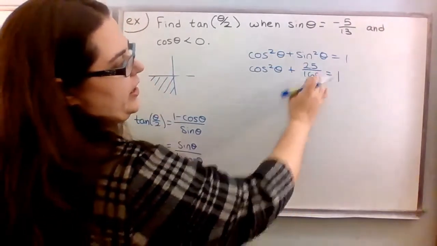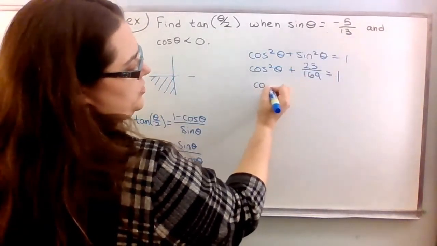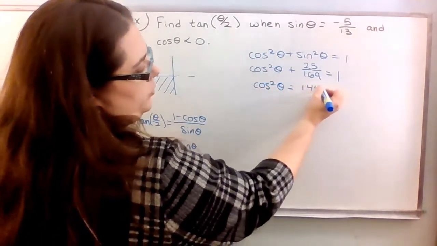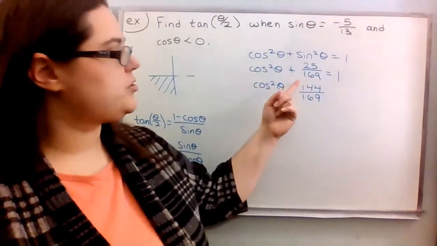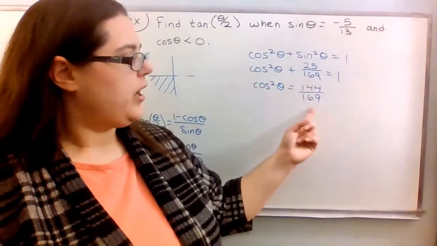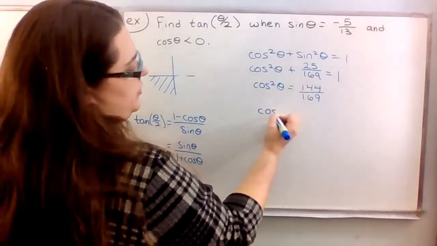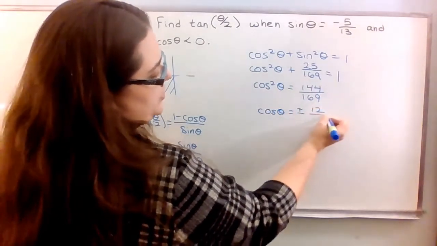I just went ahead and squared sine of theta right there. So cosine squared theta is going to be 144 over 169, because when I subtract 25 over 169, I get 144 for the numerator. So that means that cosine of theta is going to be plus or minus 12/13.